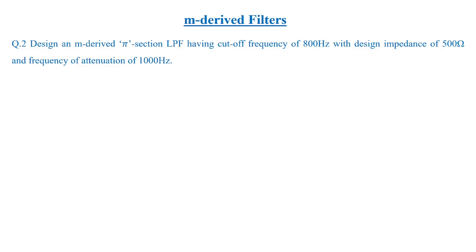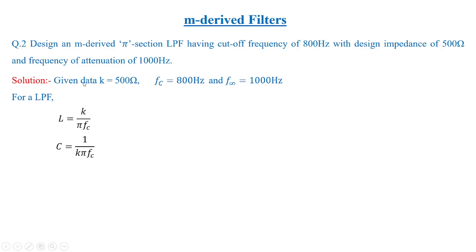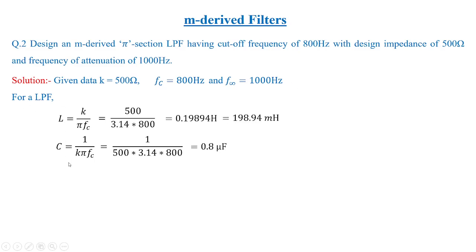Now our interest is to concentrate on the pi section. So for the pi section, the values of the given data of K, Fc and F infinity are given as 500 ohms, 800 hertz and 1000 hertz respectively. We know the formula for L and C, so we'll substitute the values of L and C. We got the value of L and C in numerical values, which is shown over here.